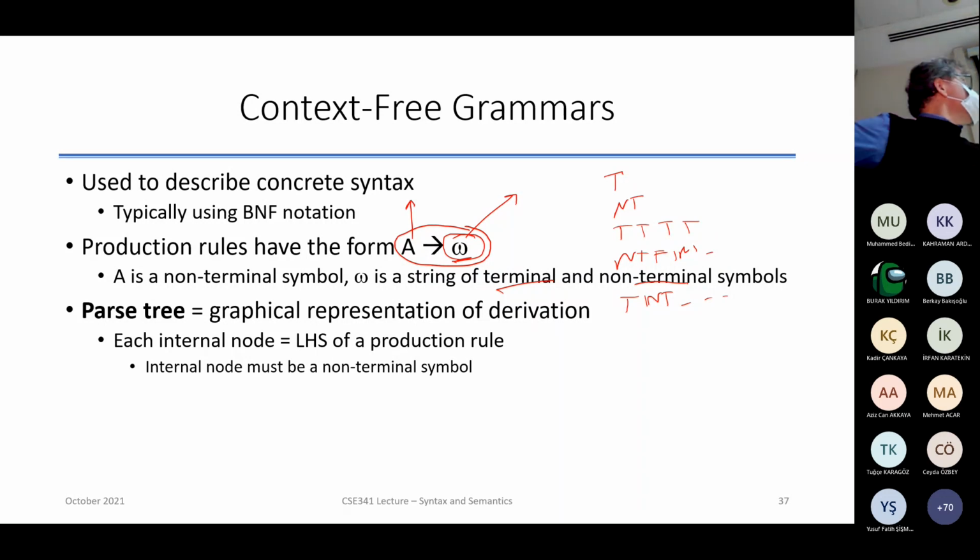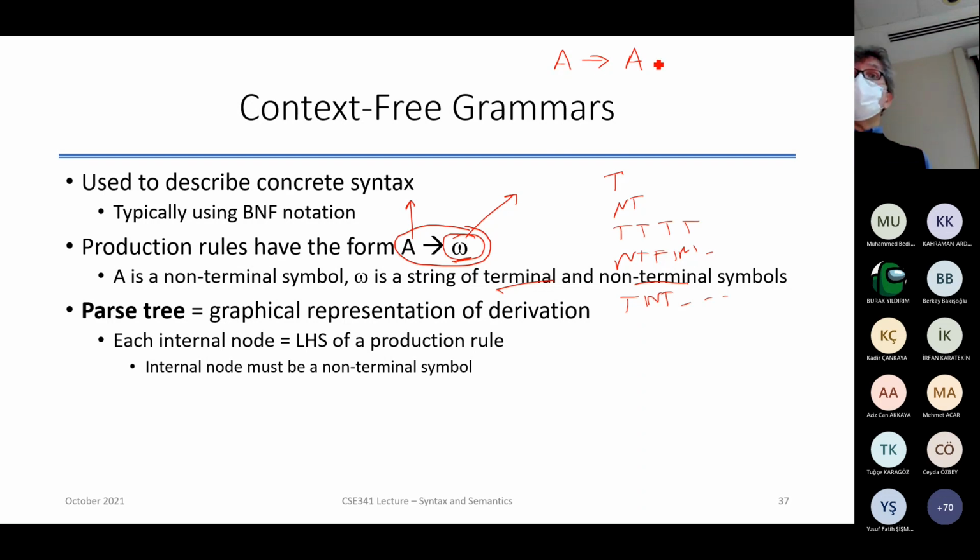So this graphical representation in a tree form will have nodes that will represent the left-hand side of a production rule. When we have a production rule of this form, let's say I have some non-terminal X, then Y, and then another non-terminal, let's say Z. I'm going to use capitals for non-terminals and small letters for terminals.